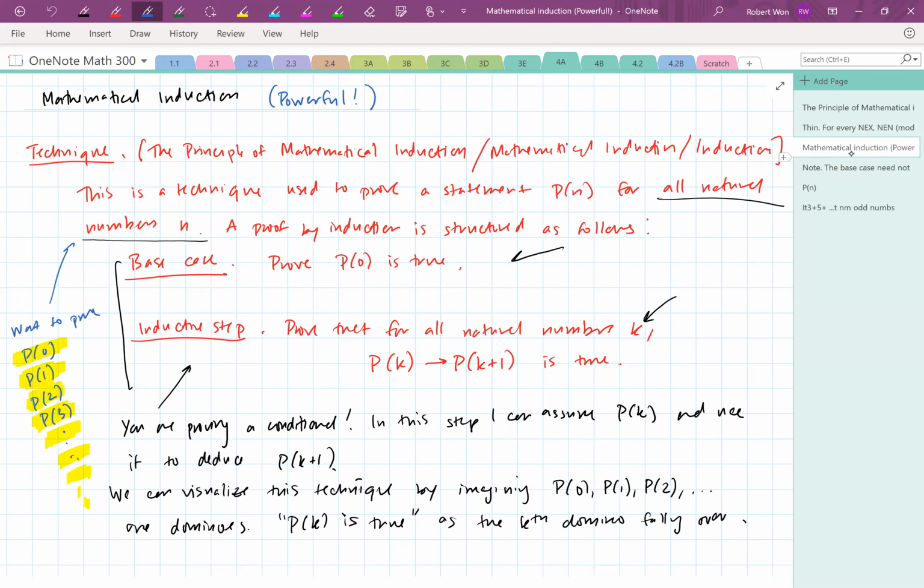Your book makes a distinction between starting at 0 or 1 and starting somewhere else, calling starting at 5, for example, the extended principle of mathematical induction, because in the statement of this technique I specifically said 0. But any normal mathematician would just call it the principle of mathematical induction, so I'm not going to call it something different. But I do want to give you an example where the base case isn't just 0 or 1.